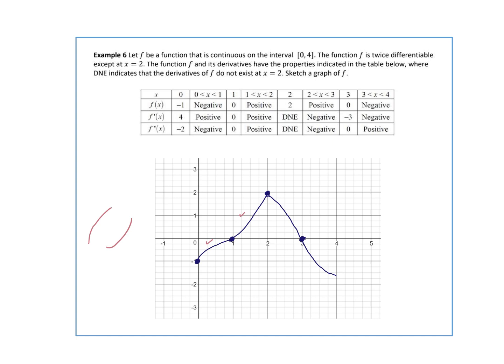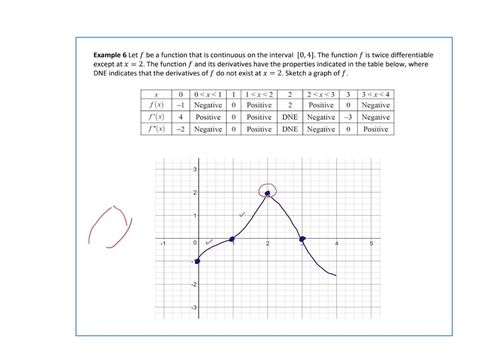We know at 2, the derivative does not exist. So we're not sure exactly, but then as we continue here from 2 to 3, it's decreasing and negative. So I need concave down and decreasing, so it's the right-hand side of it. So if the derivative does not exist, we need some sort of a cusp or a sharp point.